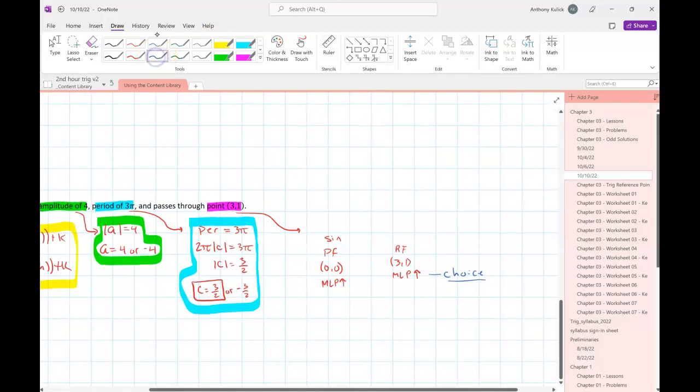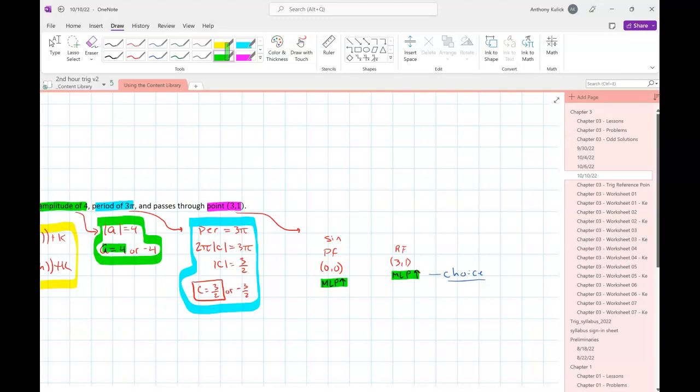So what can I say then? Since they're the same kind of midline point, I know that the a has to be positive. Everybody okay with that?